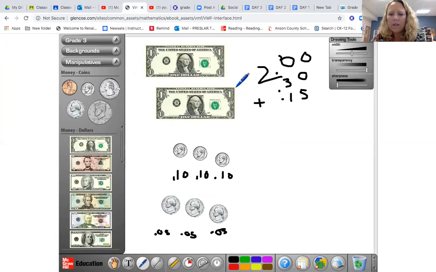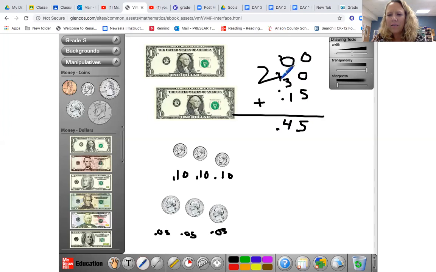And when I add those up, I have 5 plus 0 plus 0 is 5. I have 0 plus 3 plus 1. None plus 3 plus 1, so 3 and 1 is 4. I like to use something called PUP, point under point. I just keep my decimal point lined up.